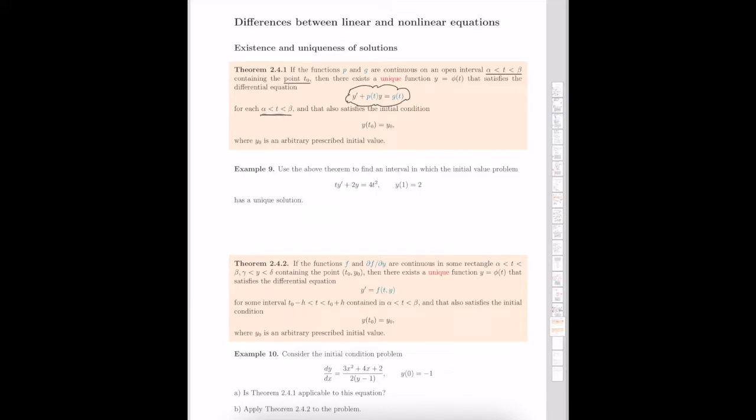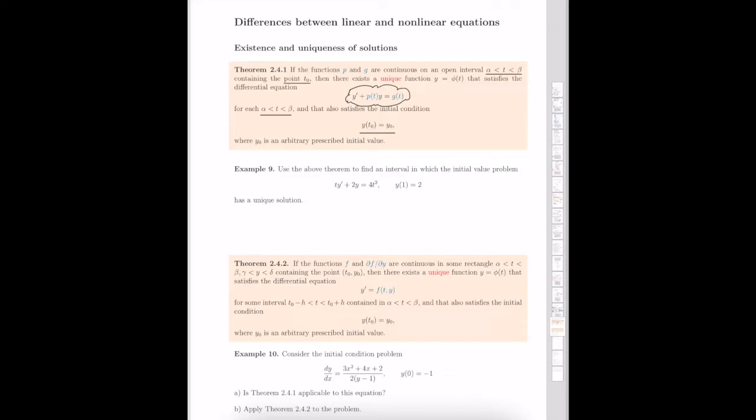Note that this is the same as the previous interval. This is the first part, and the second is that it also satisfies an arbitrary given initial condition, y(t0) being equal to whatever y0 you want.